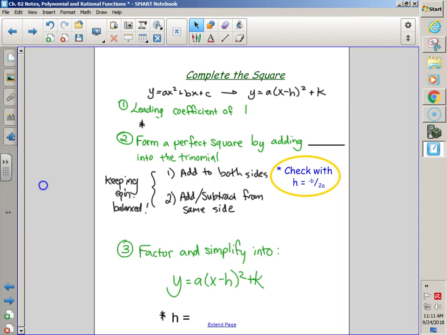Up here on the board, if and when you guys finish writing, I've written a perfect square. There are two different ways of looking at a perfect square.